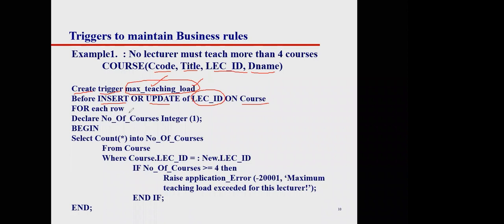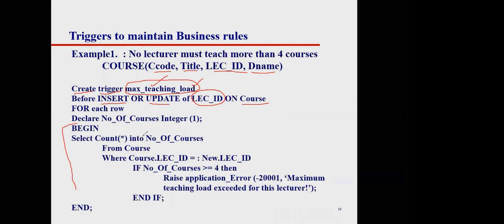So for each row, the code is: FOR EACH ROW, DECLARE number of courses. Then BEGIN. We start with BEGIN: SELECT COUNT INTO number of courses. It counts the number of courses: 1, then 2, then 3, then 4.